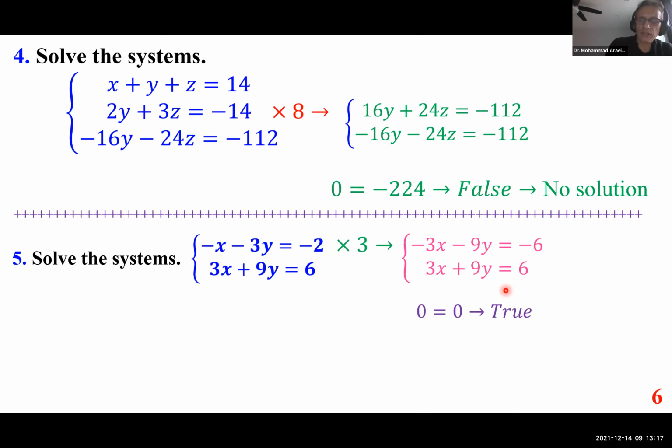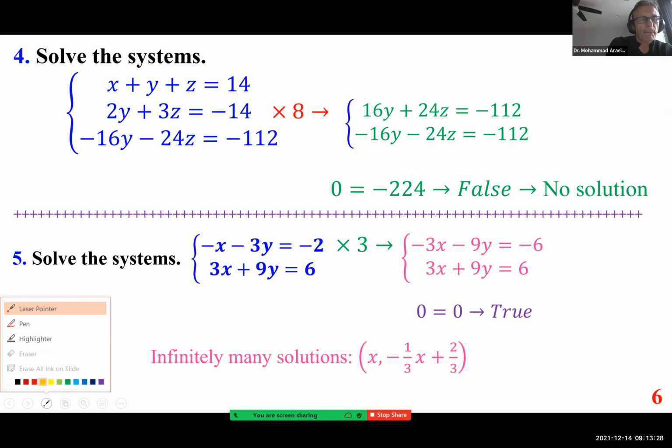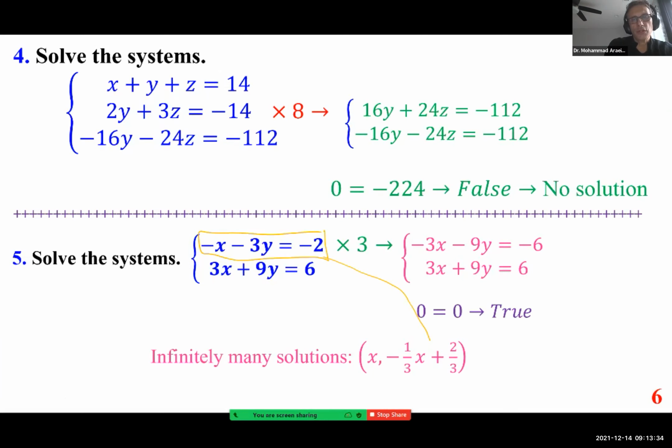So how do you write the solution? If they want you to write the solution, you write x and y, and in one of those equations, you solve for y. For example, if you solve for y in this equation, y becomes negative 1/3 x plus 2/3.